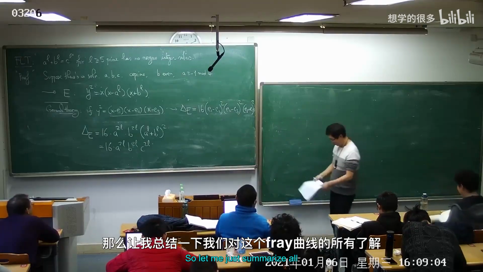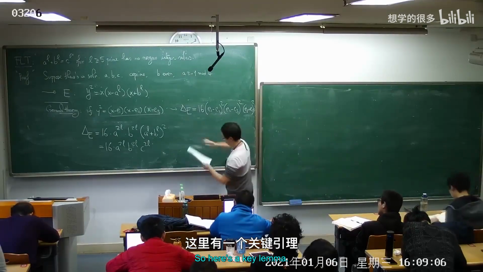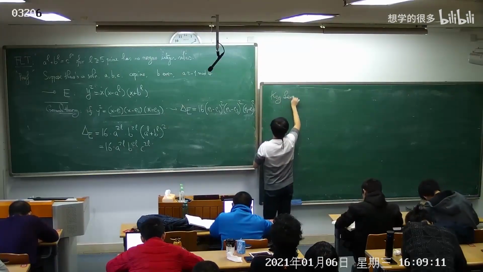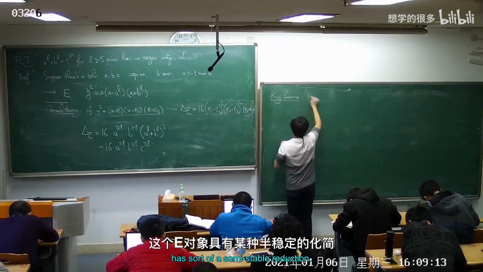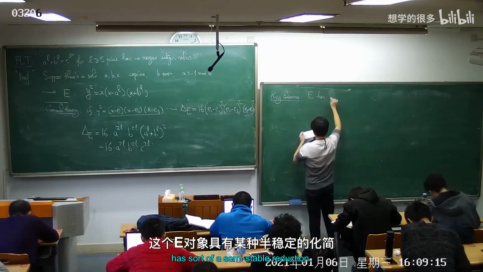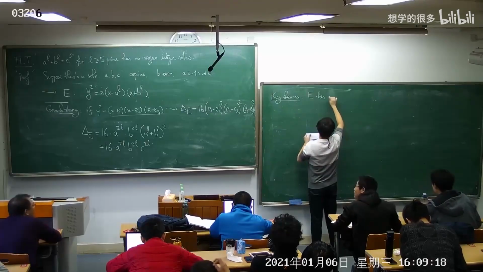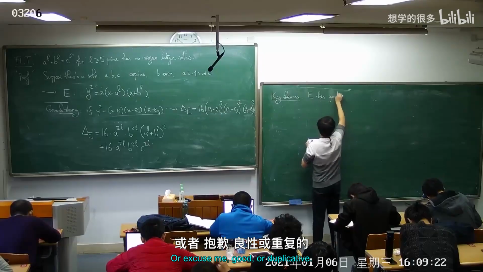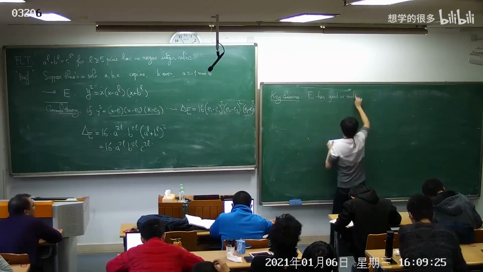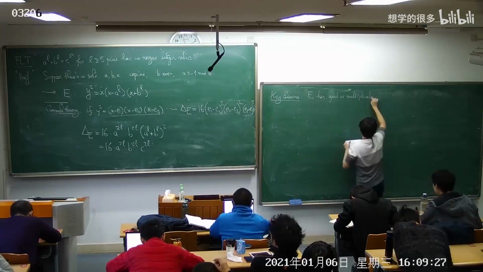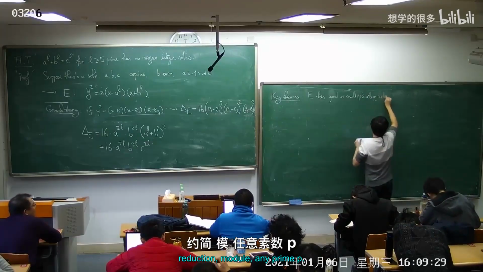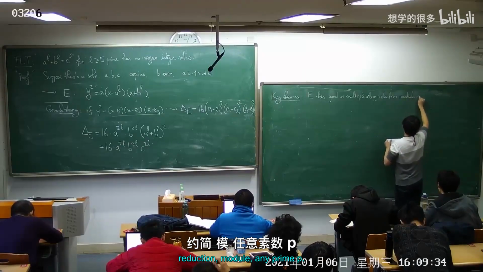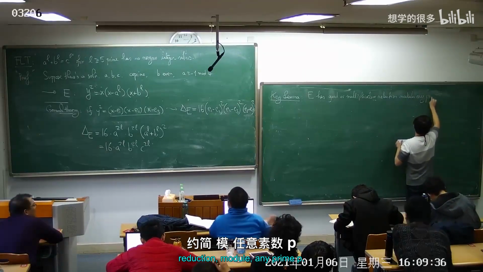So let me just summarize what we know about this Frey curve. Here's a key lemma. This E has semi-stable reduction, or excuse me, good or multiplicative reduction modulo any prime p.